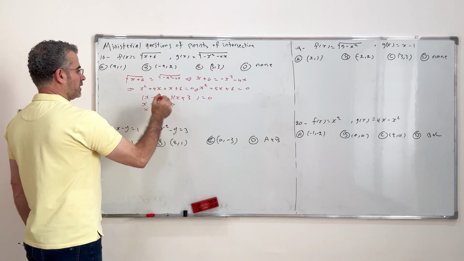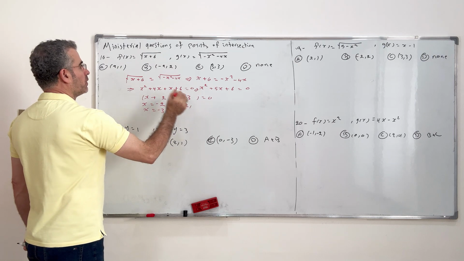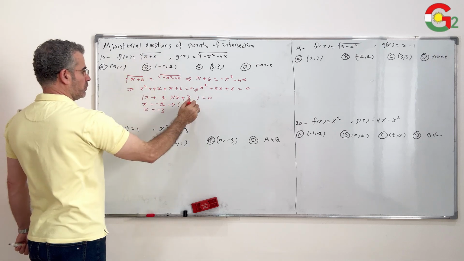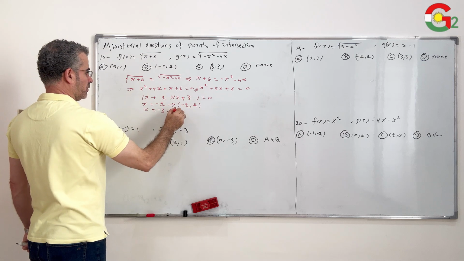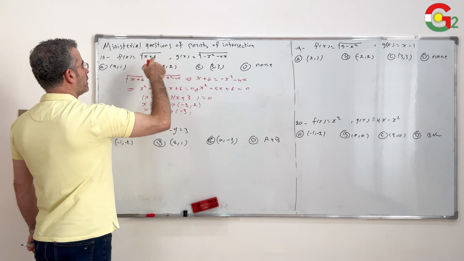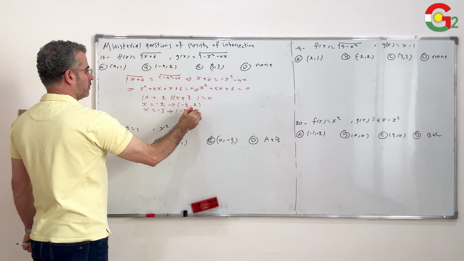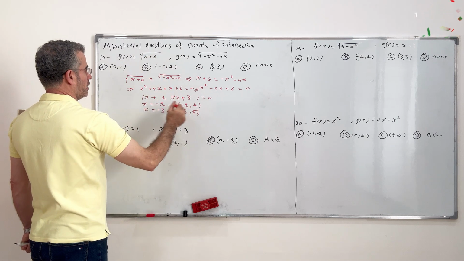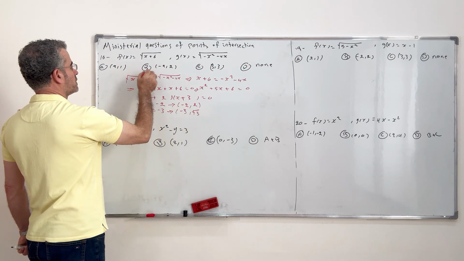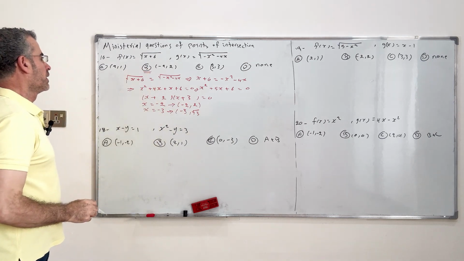When x equals negative 2, the y coordinate will be square root 4, 2. When x equals negative 3, it will be square root 3. Then I have negative 2, 2. It is choice B.